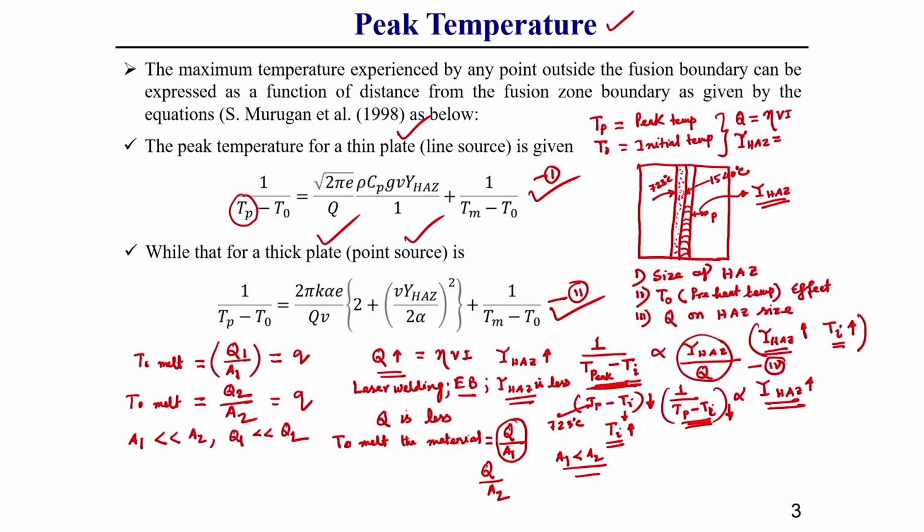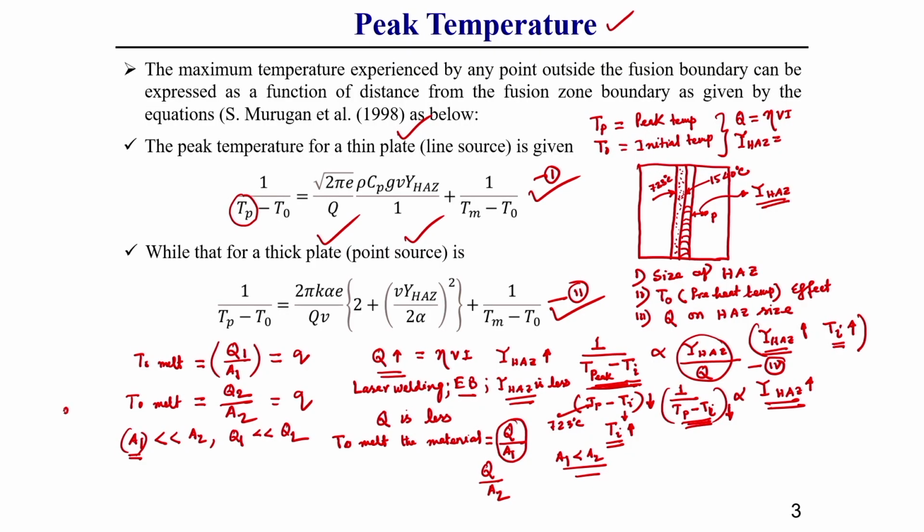That is why, in case of laser, generally the area on which the heat source falls is very small. In case of a laser spot during welding, let us consider a range of 2 millimeter diameter, whereas in the submerged arc welding process this diameter can be 10 mm.